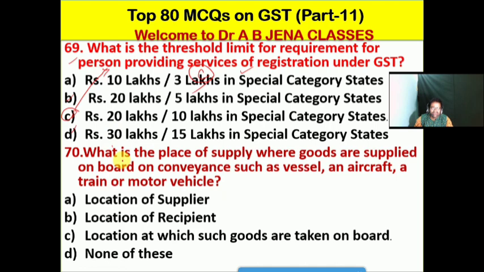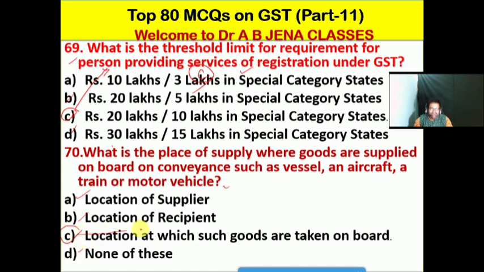So next one we will see: what is the place of supply where goods are supplied on board a conveyance such as a vessel, an aircraft, a train or a motor vehicle? A, it's the location of the supplier. B, it's the location of the recipient. C, it's the location at which such goods are taken on board. D, it's none of these, friends.